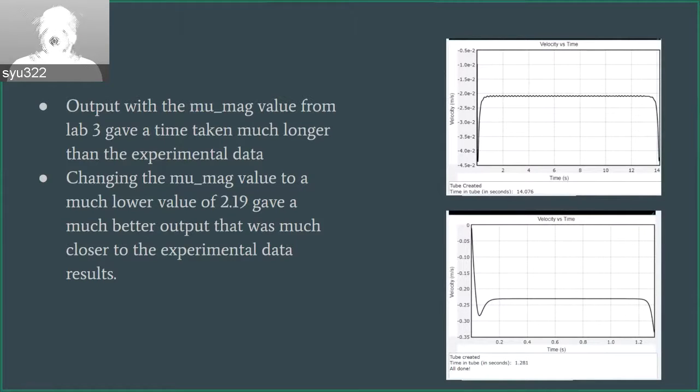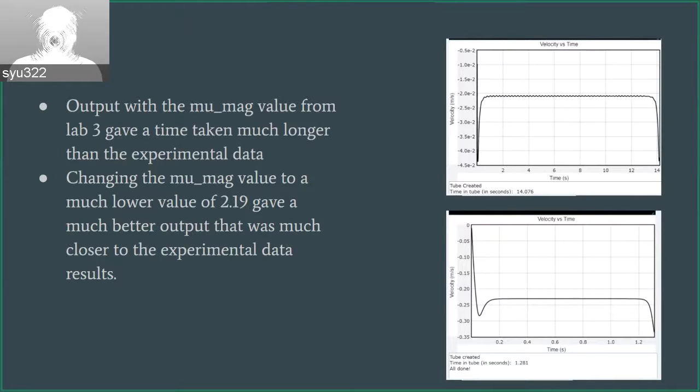And so changing my mu mag value and decreasing it to a much lower value of 2.19 gave actually a much, much more accurate result, which gave a time in tube in seconds of 1.281 seconds, which is actually just like 0.005 seconds difference from my average experimental value.